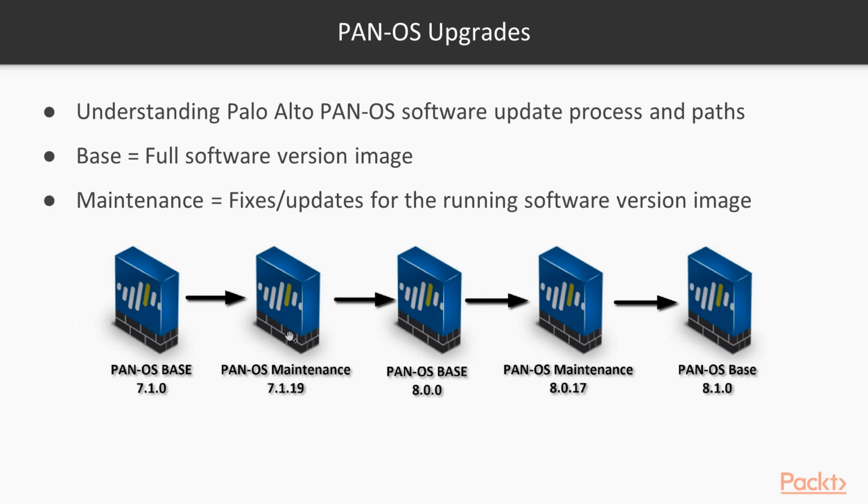You upgrade the image from the base and apply the maintenance to that particular base. It's 7.1.1, the first maintenance, and then they released 7.1.9 because you waited over 6-8 months to perform another upgrade. You can go ahead and from 7.1.0 upgrade to 7.1.9.